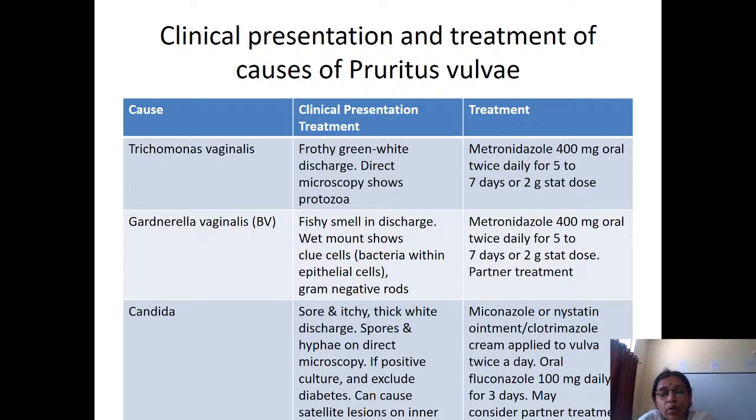So the treatment involves going for antifungals, either a local application of miconazole or nystatin or clotrimazole cream, or else even the oral antifungals will also help. That is oral fluconazole 150 milligrams usually we give as a single dose, or if it is going to be recurrent, we need to give it every week for a few months. So we might consider even treating the partner in this condition.